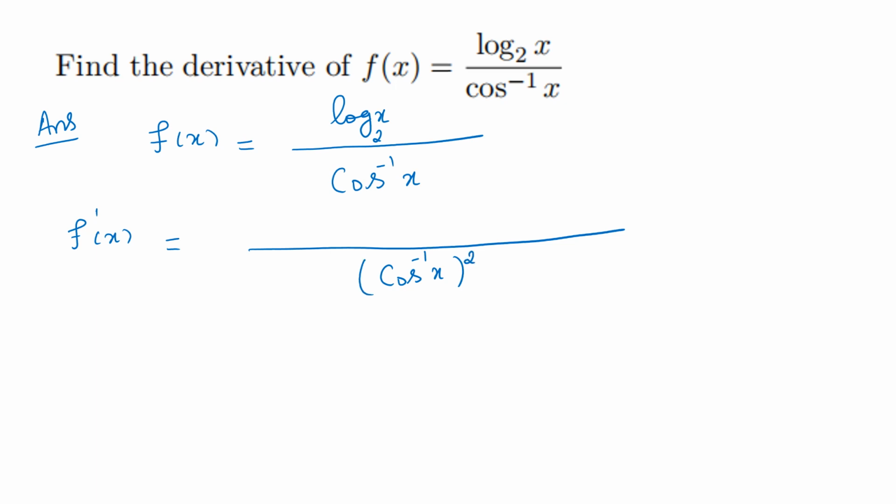Here I can write the denominator cosine inverse x multiplied by derivative of the numerator log x to the base 2 derivative, then minus numerator log x to the base 2 times derivative of the denominator cosine inverse x, denominator derivative.